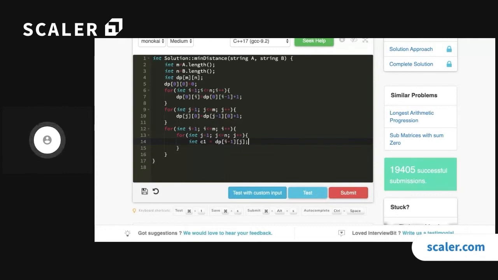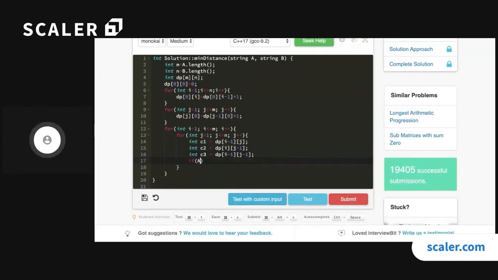This is the cost when we are inserting an element. Int c2 equal to dp of i, j minus 1. This is the cost when we are deleting an element, and c3, dp of i minus 1, j minus 1, is the cost of replacing an element. By replacement, it means we have changed the character to the character that we want.